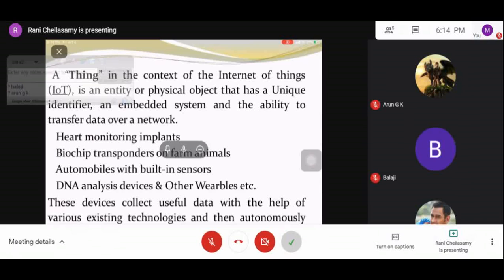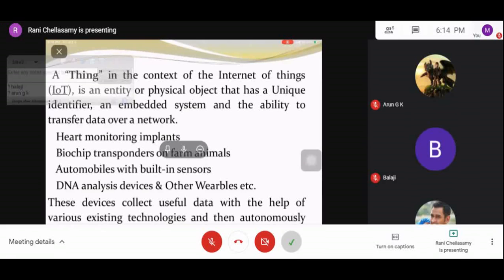These are some of the objects that can be fixed on a person's body, so that the device can collect information or data about the person and share it over the network. These devices collect useful data with the help of various technologies, and automatically transfer the data between other devices.